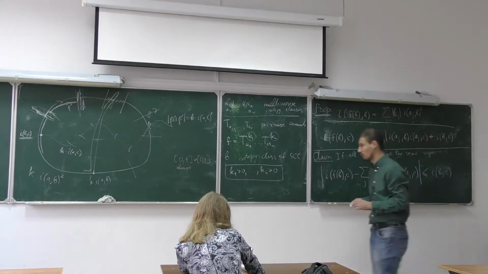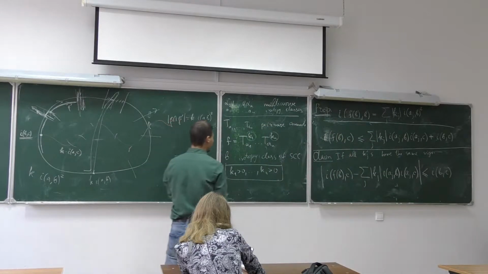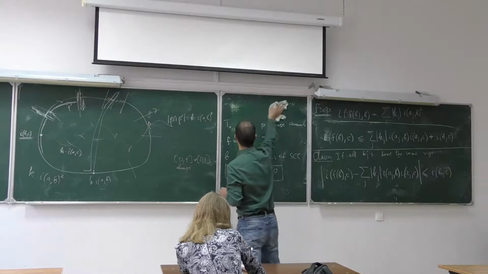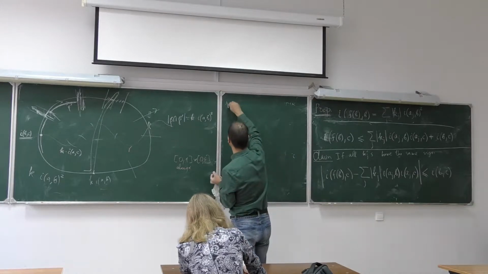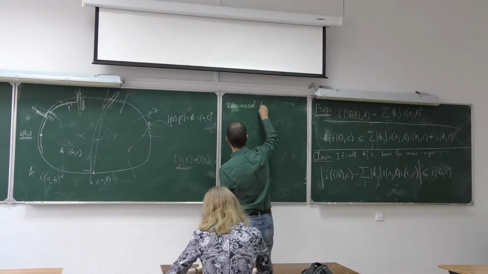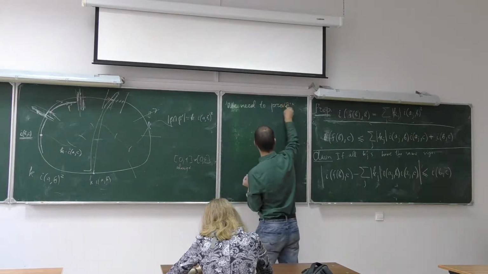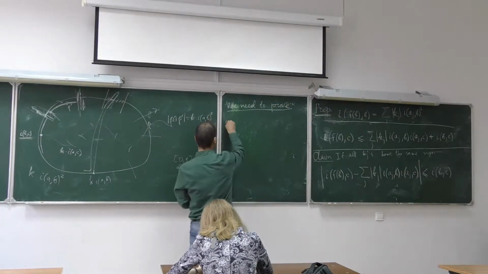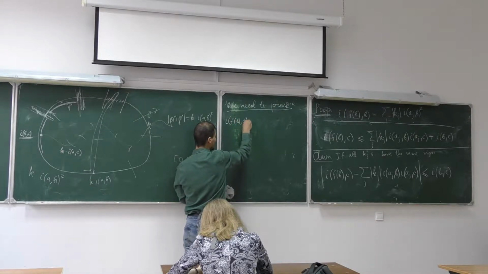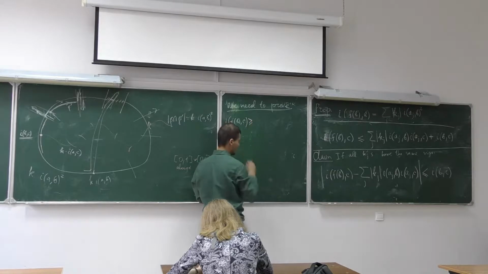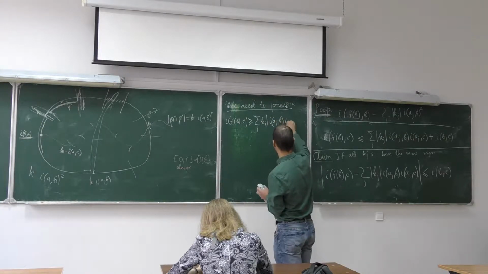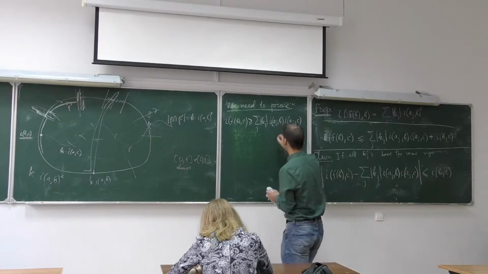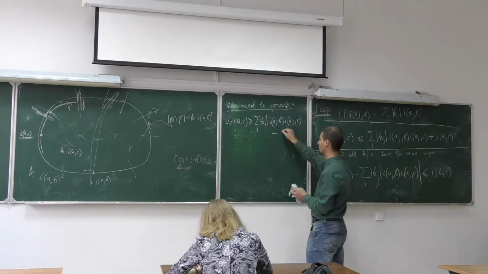This one is what we already know, but now we need to prove that this guy is greater than or equal to the sum minus I of BC.